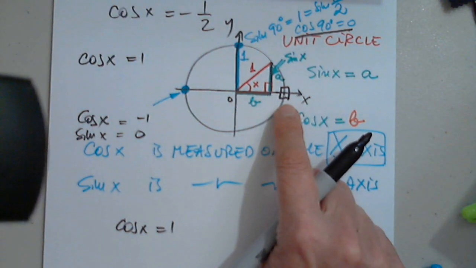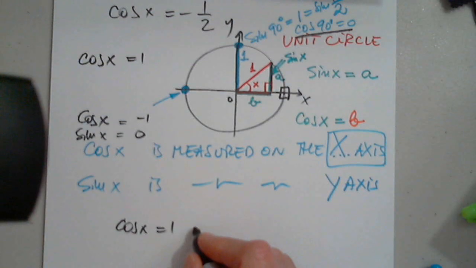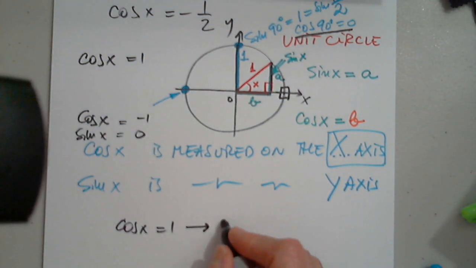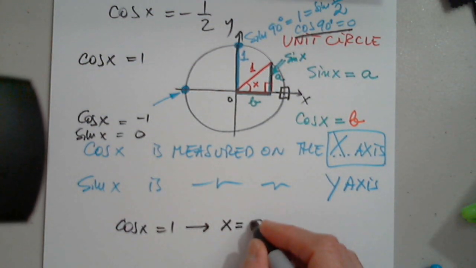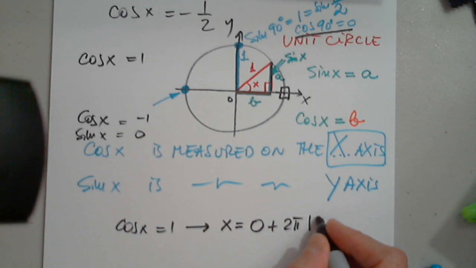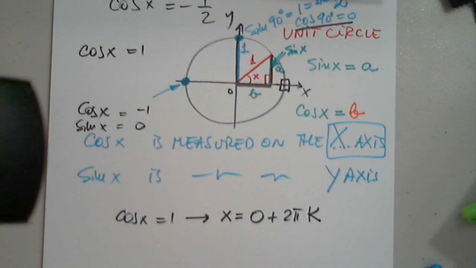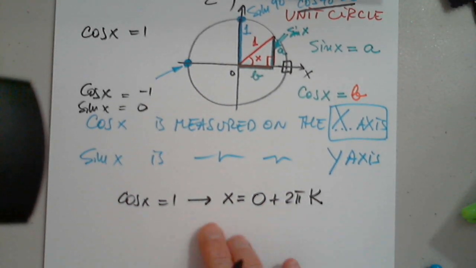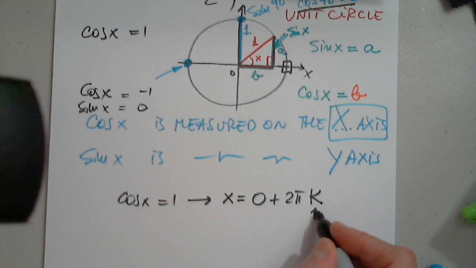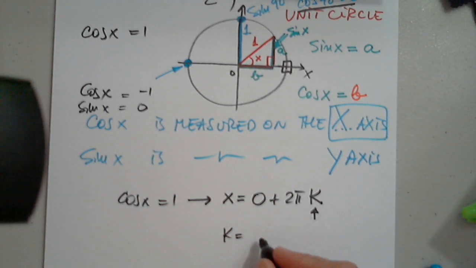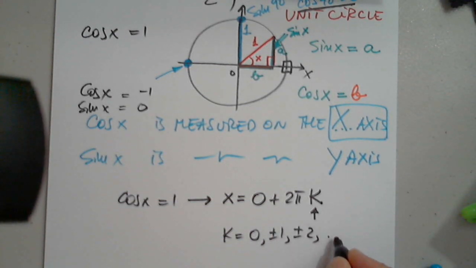This is where cosine is 1. So you can express it as x being 0 plus 2 pi k, or 2 pi plus 2 pi k, but this is okay. K is any integer: 0, plus or minus 1, plus or minus 2, and so on and so forth.